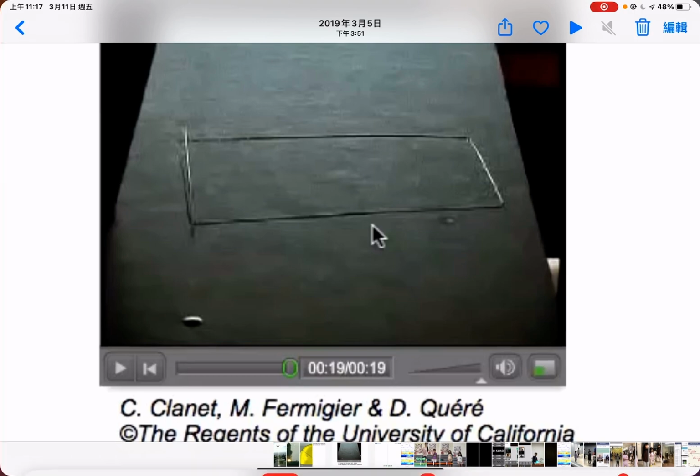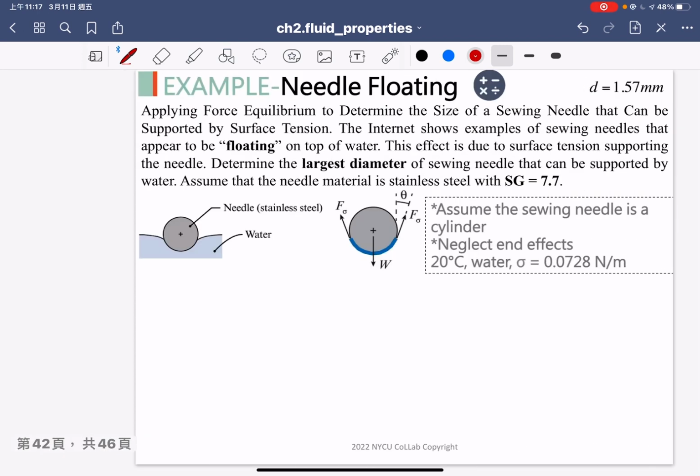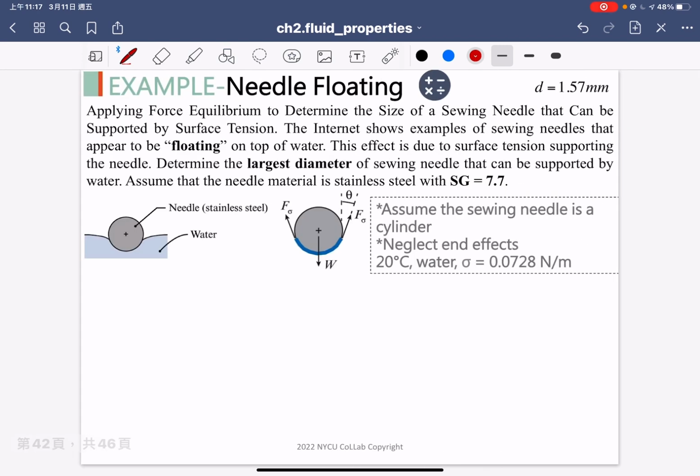So if we go back to the exercise, we would like to apply the force balance to determine the size of the needle. The water surface tension is already fixed. So if you put in different sizes of needle, maybe some needles will just drop down, right?